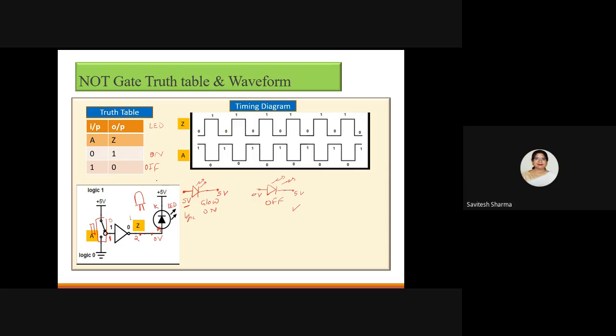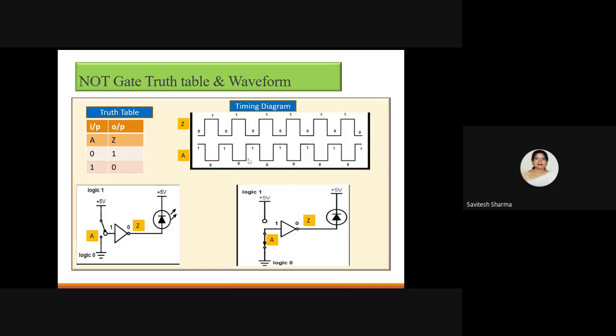First case I showed here. This is the second case: when you are applying 0 here, you will get 1. So your LED will glow.